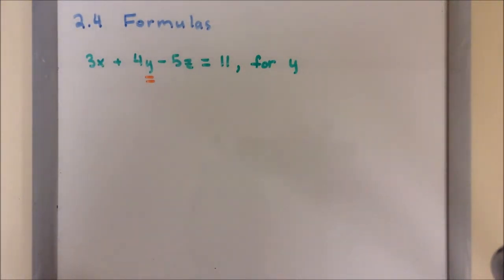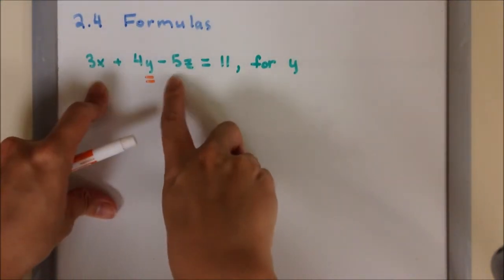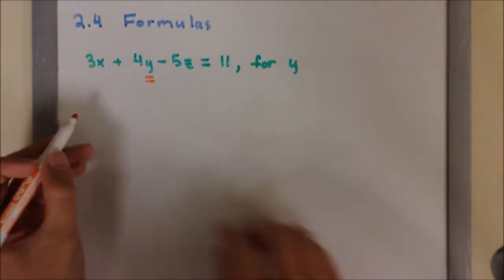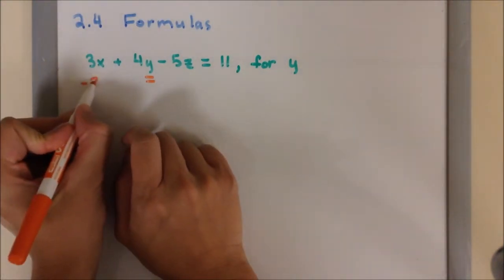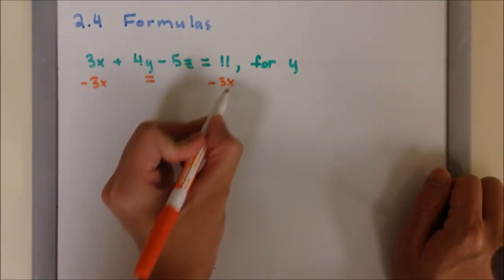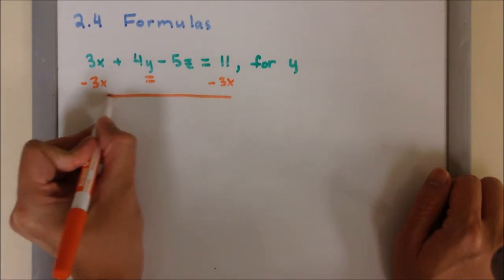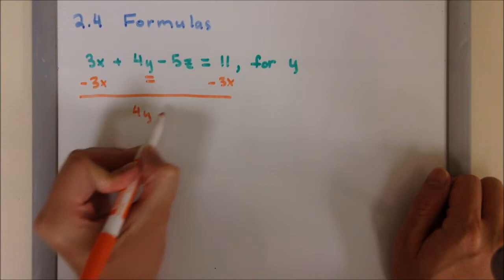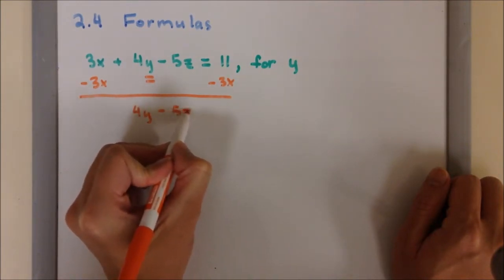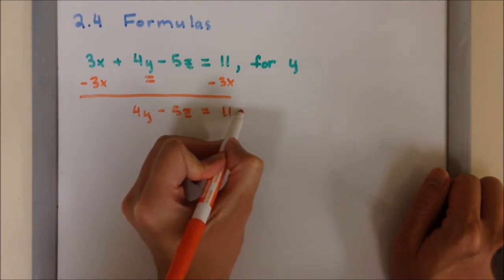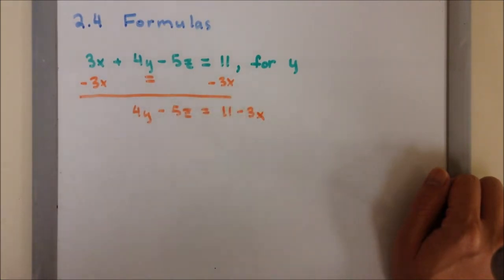In that case, we need to cancel out everything else, the 3x and the minus 5z. So I'm going to write here minus 3x. I'm going to do this one step at a time to make it easy. The 3x cancel out, we have 4y minus 5z equal 11 minus 3x.